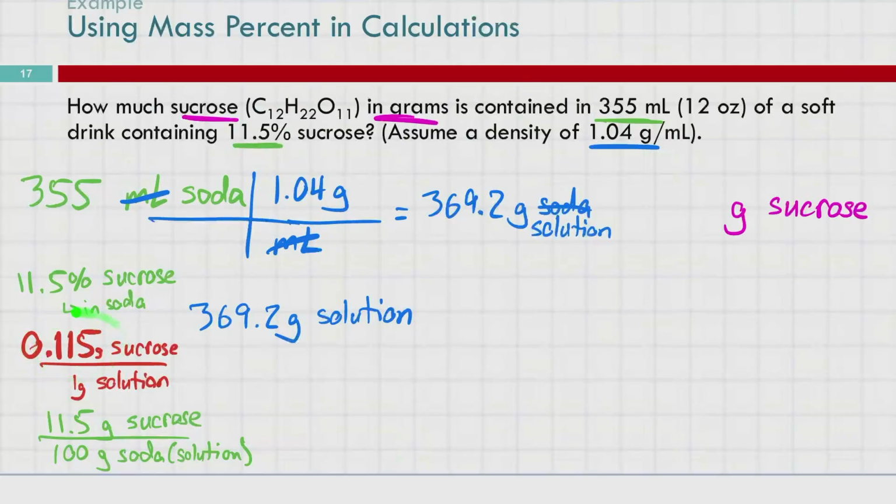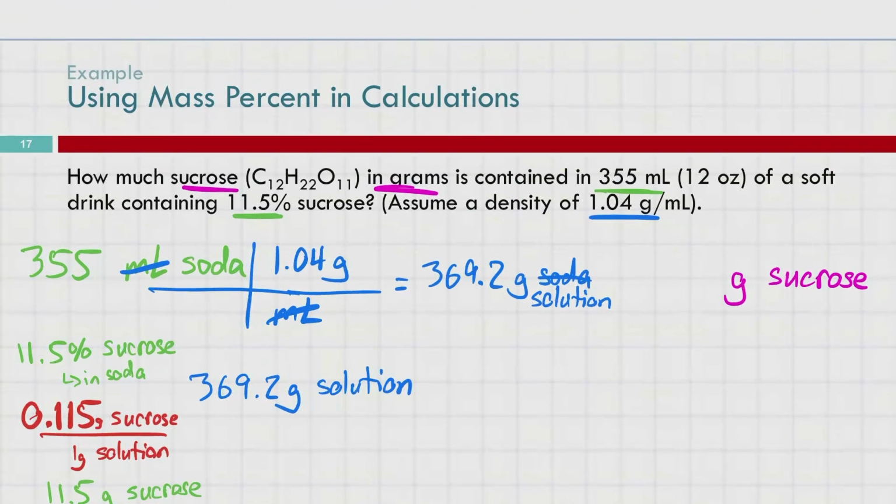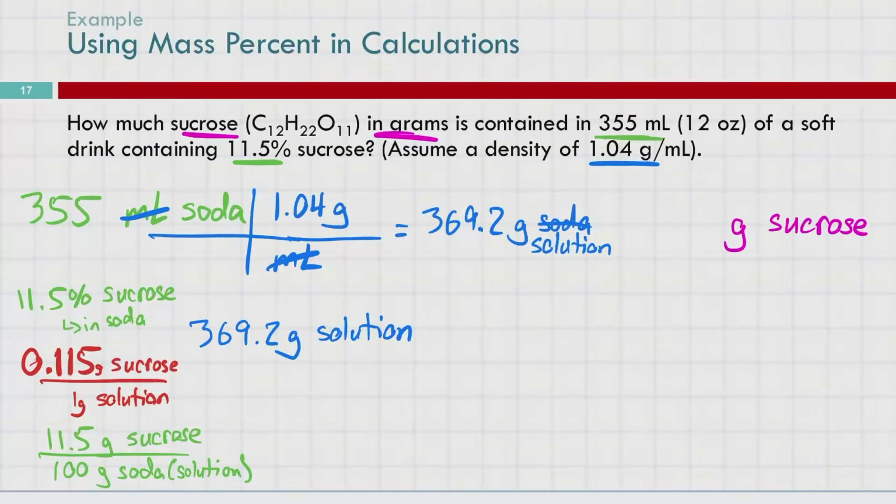So if we multiply 0.115 with this 369.2 grams, that'll get us our grams of sucrose. If we multiply it by 11.5 grams sucrose, divide by 100 grams of soda, that'll also get our grams of sucrose. So times 0.115 grams sucrose per gram solution.